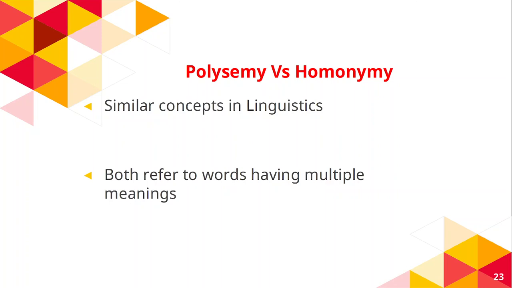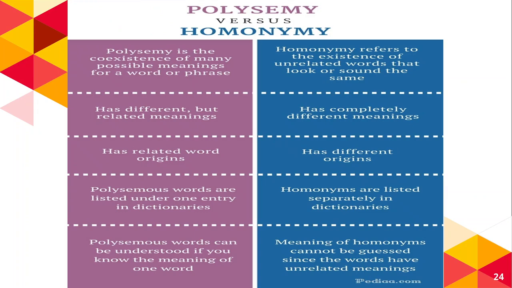So in a way, polysemy and homonymy appear to be similar concepts because they refer to words having multiple meanings. However, there are several distinctions. So let us see how they differ from each other.